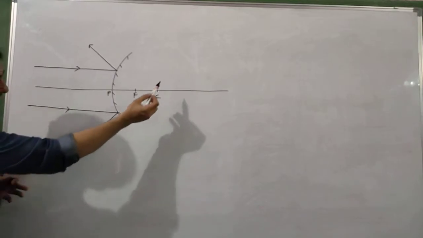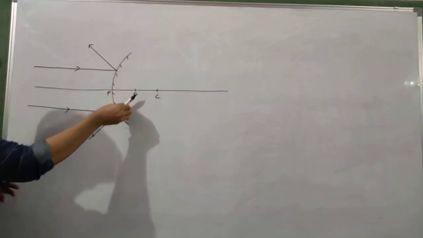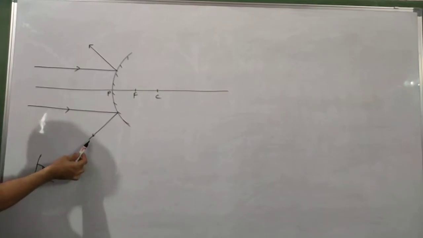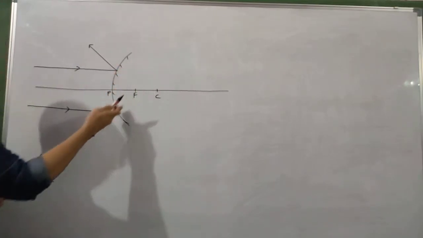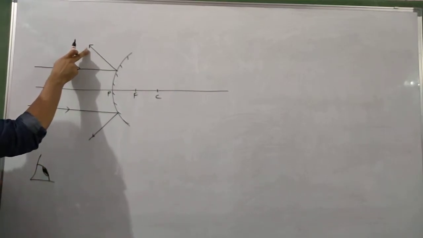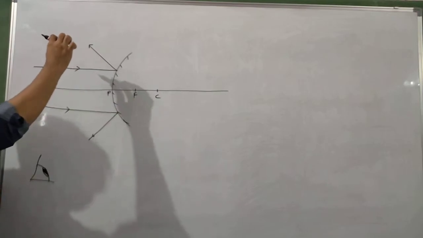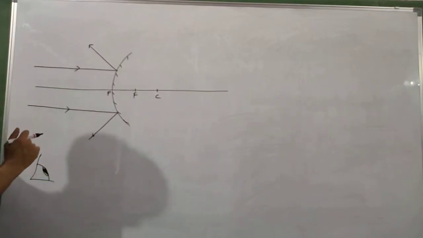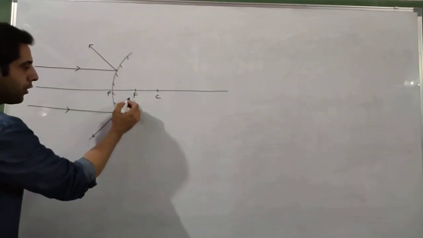It will seem that the ray is coming from somewhere here, like this. Similarly, this reflected ray will appear to come from somewhere here. Now, when we look at the reflected rays in this manner, all these reflected rays appear to come from the focus.